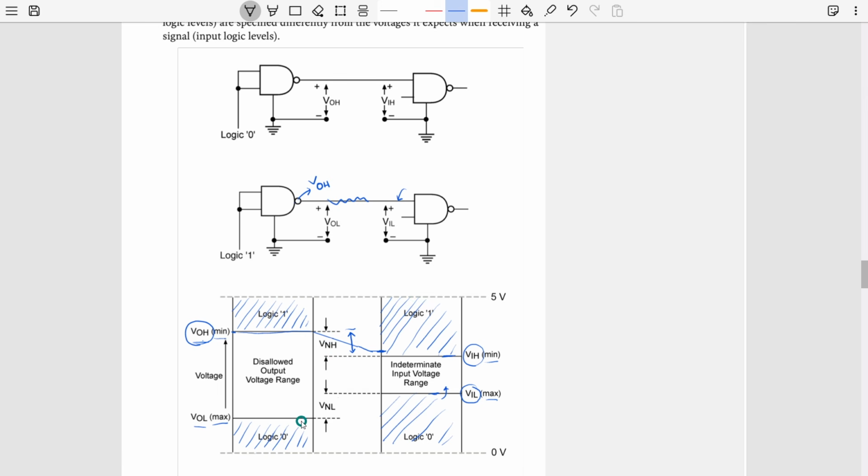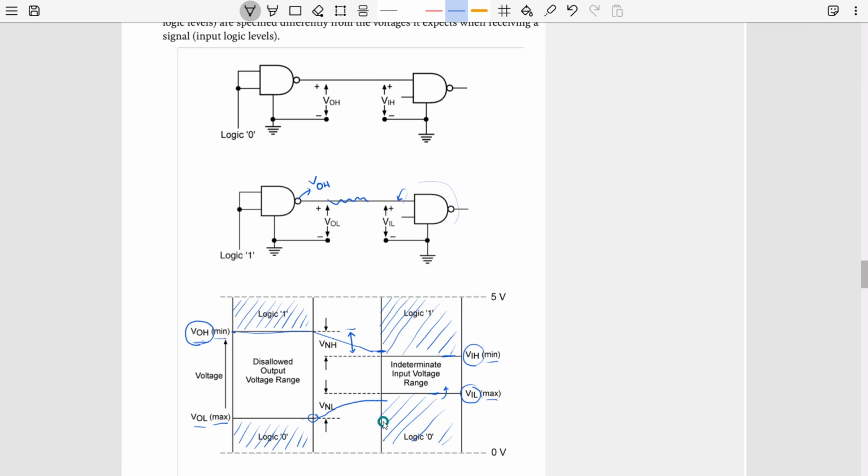Same goes for this one. If we are trying to output a logic 0 and we are actually outputting this value here, because of some noise it can also increase in voltage. If that happens, maybe it will go like that, but still it will be recognized by the input of the next gate. That is the idea here.